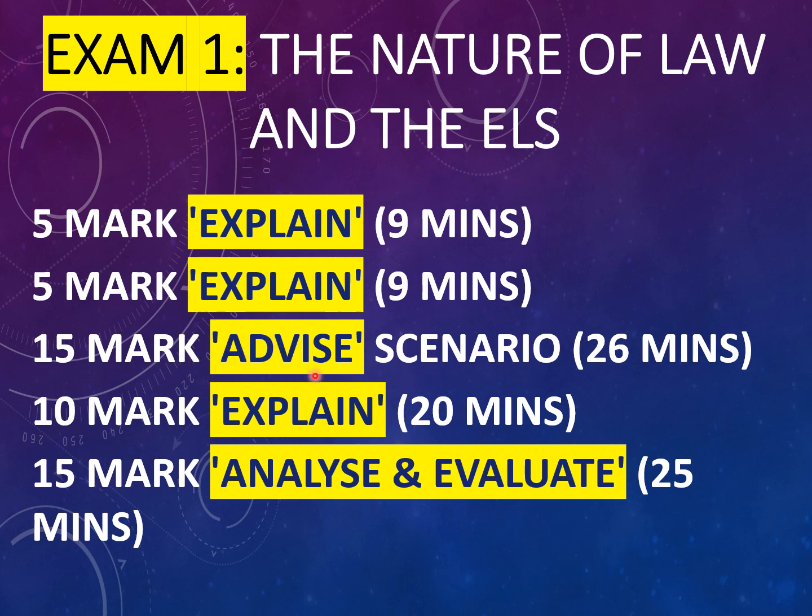This is where you'll be given a little fictional scenario and you need to advise the characters on the issues that are in it. I suggest you spend 26 minutes on that question. You then have a 10-mark explain type question and you should spend 20 minutes on that, followed by a 15-mark analyse and evaluate question, and you should spend 25 minutes on that one.